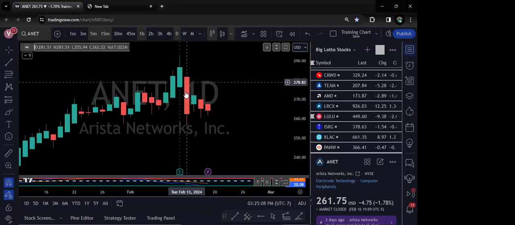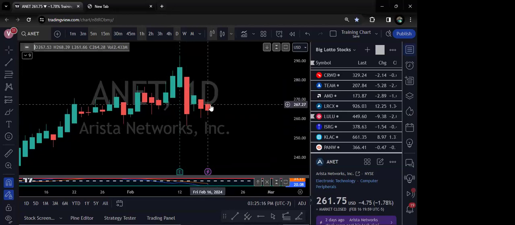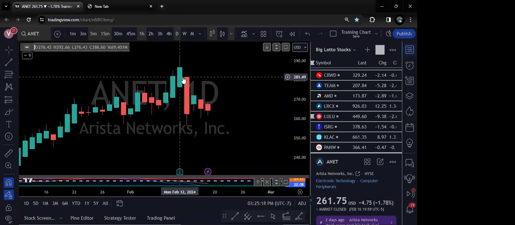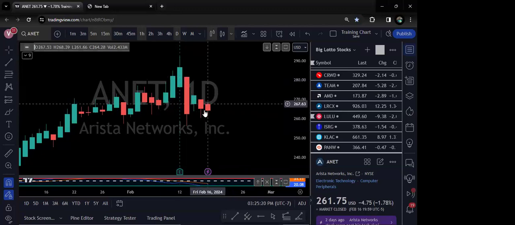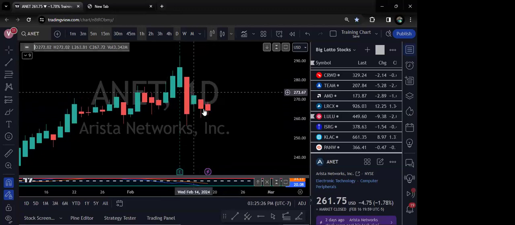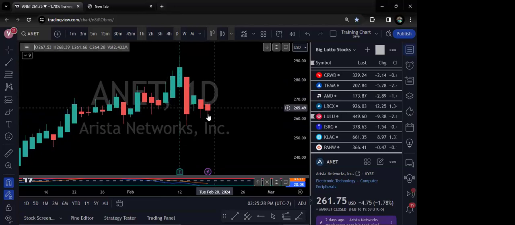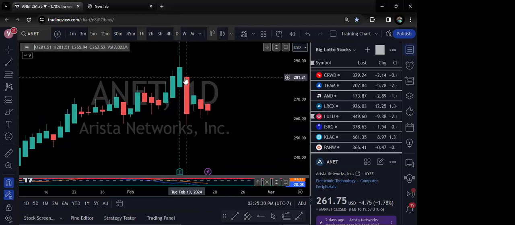You see, from 281 to the low of 256, that's how many? 25 points. So you're not waiting for this bar, you're waiting for these inside bars. These are the ones that will give you the nearest change of character.